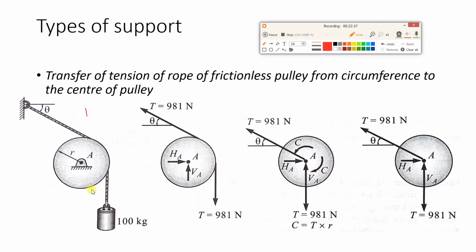So what will be the direction of tension? It will be along the rope. Okay, so this will be tension, this will be tension. Okay, and what will be the magnitude? 100 into 9.81. So the tension magnitude will be the same on both ends. Okay, and at the center we have a hinge. So I have shown HA and VA, two reactions.